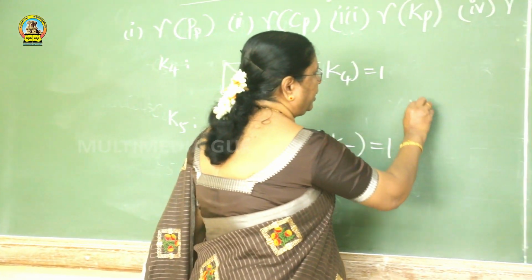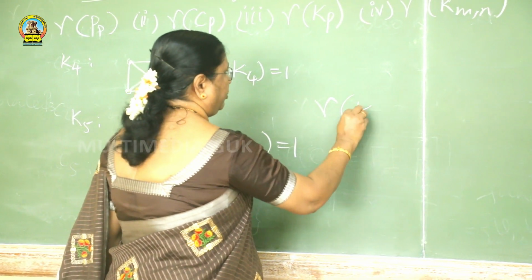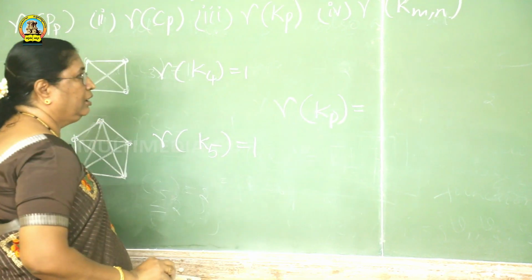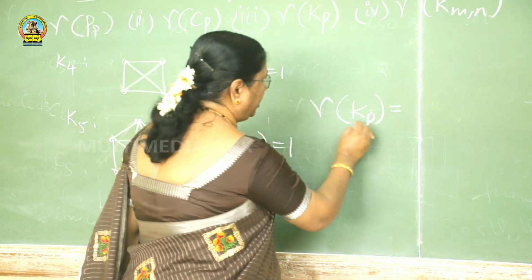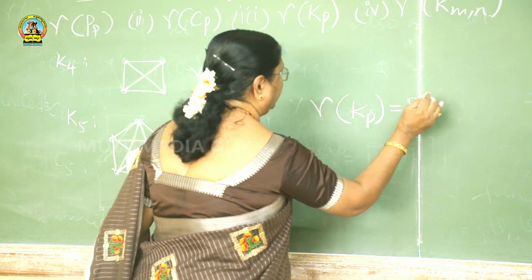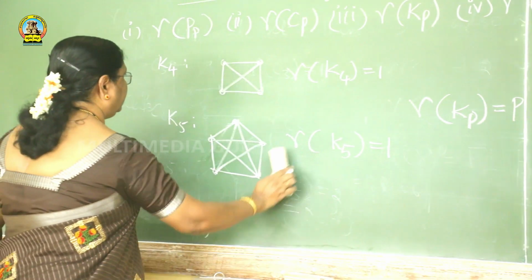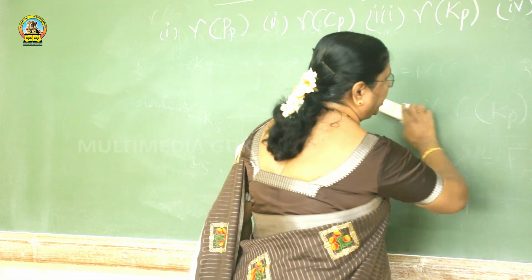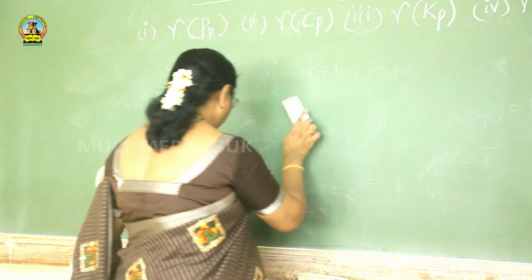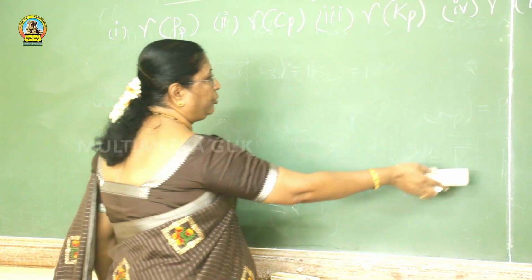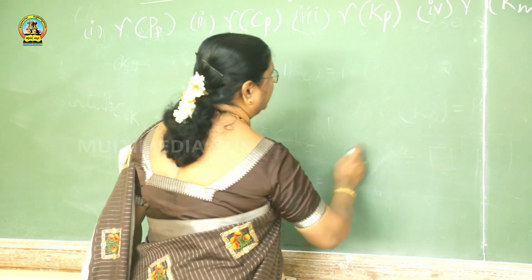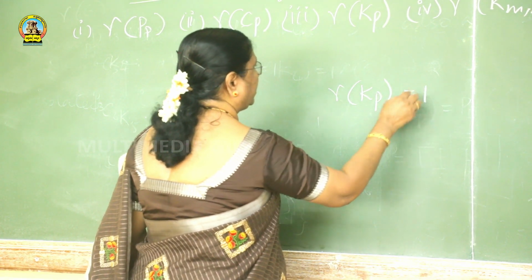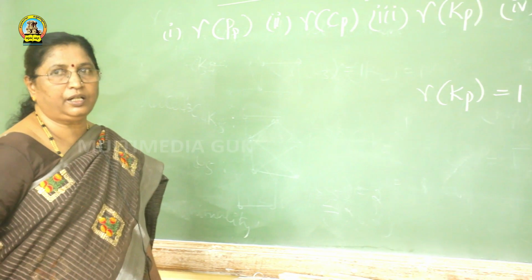So the generalized form for the domination number of Kp is equal to p. Sorry, not p, it is 1 only. The domination number of Kp is equal to 1 only, because every pair of vertices is adjacent.